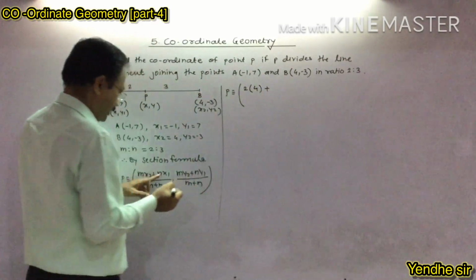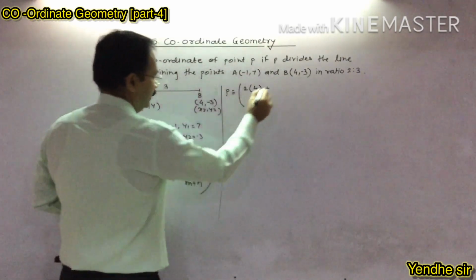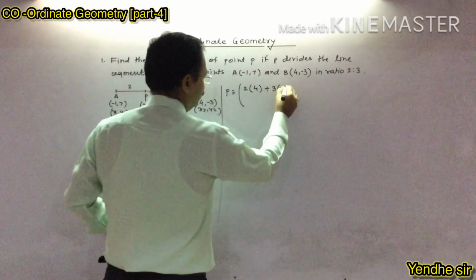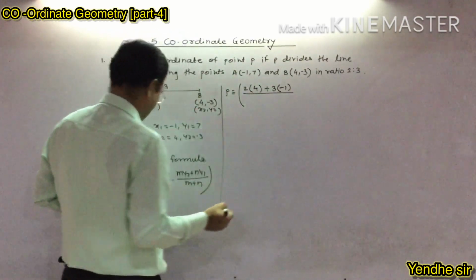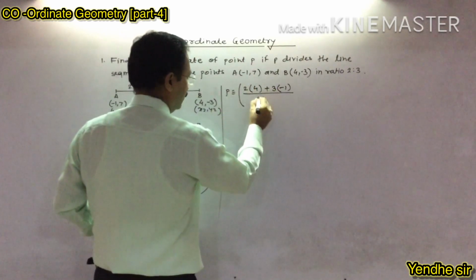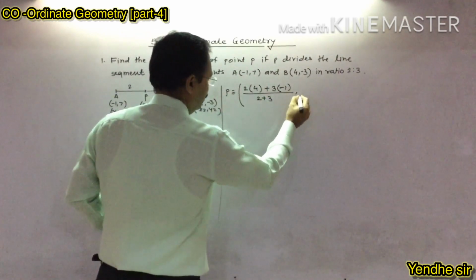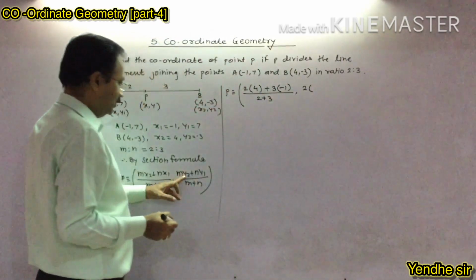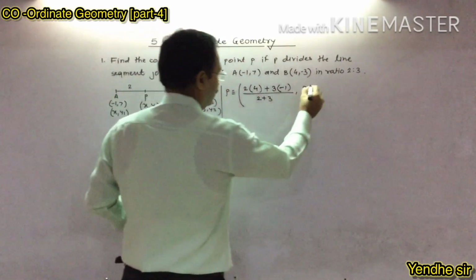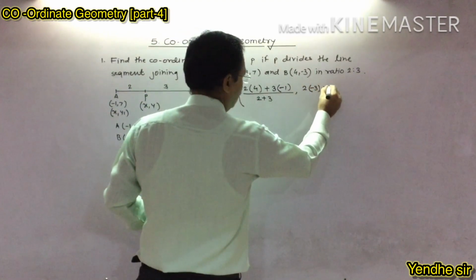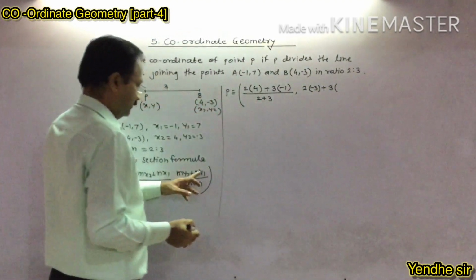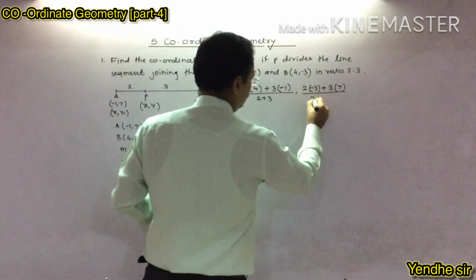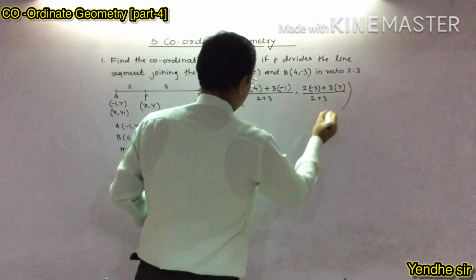Then plus n's value is 3, then x1 is minus 1, upon m plus n means 2 plus 3, comma, here m again 2, and then y2 is given minus 3, plus n is given 3, y1 is 7, upon 2 plus 3.